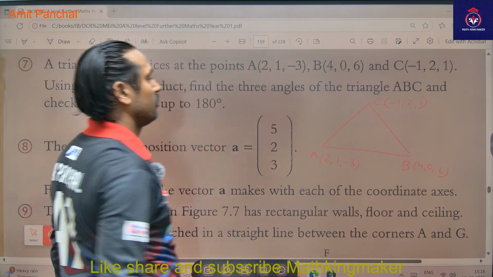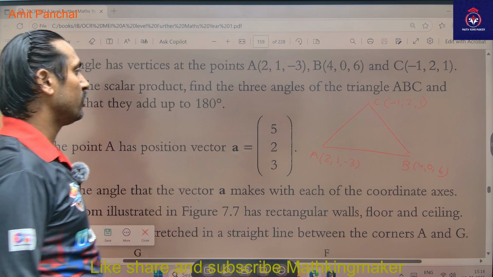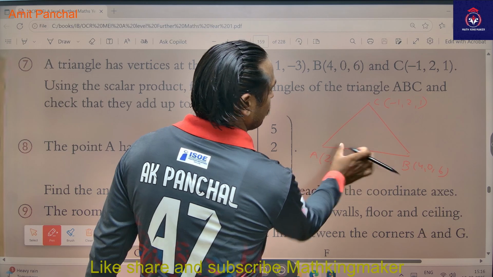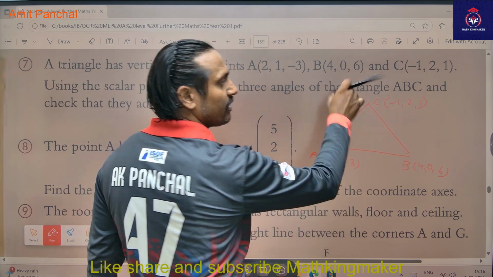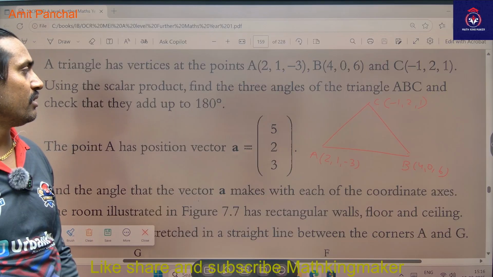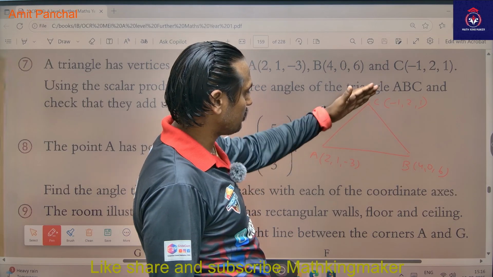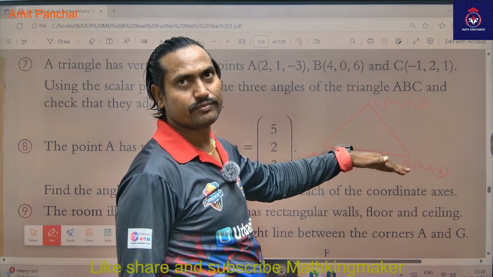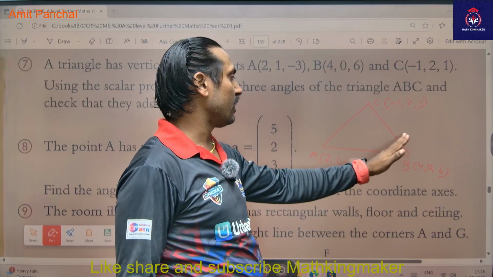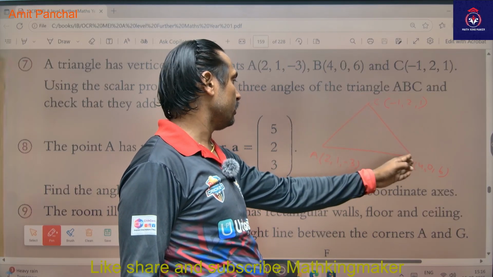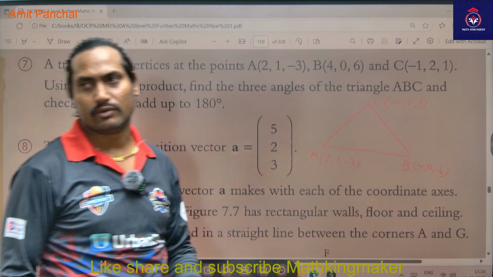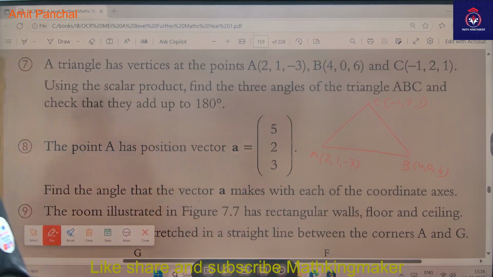Now you can calculate the AC vector, the AB vector, the BC vector, but you need to remember that if you are finding angle A, then you need to take AC and AB. And if you are finding angle B, you need to take BC and BA. Like that, you need to keep in mind.